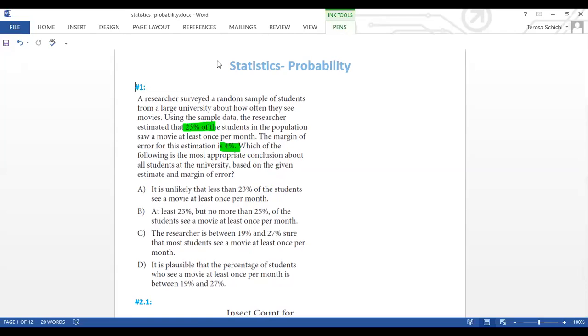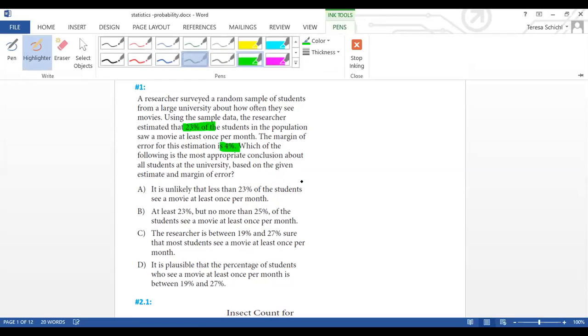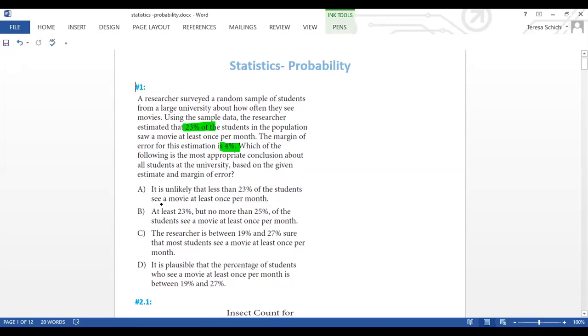Okay, for this problem, even before we look at the possible answers, the estimate is 23% and the margin of error is 4%. That means it could vary either way by 4%.